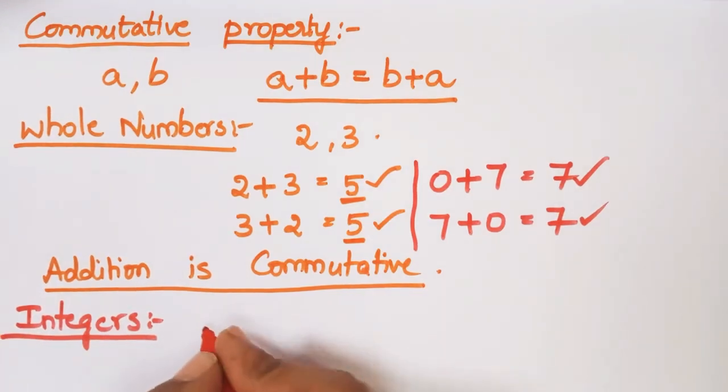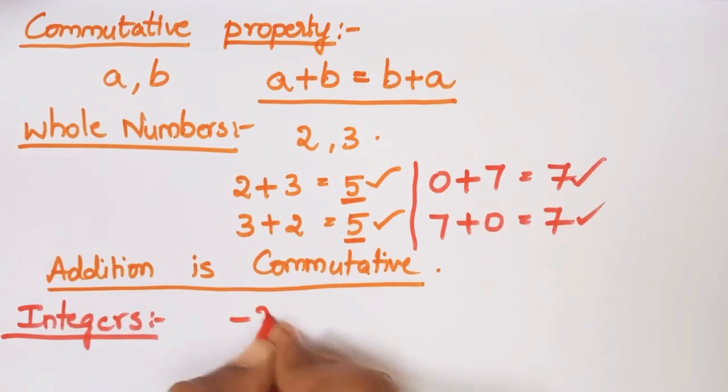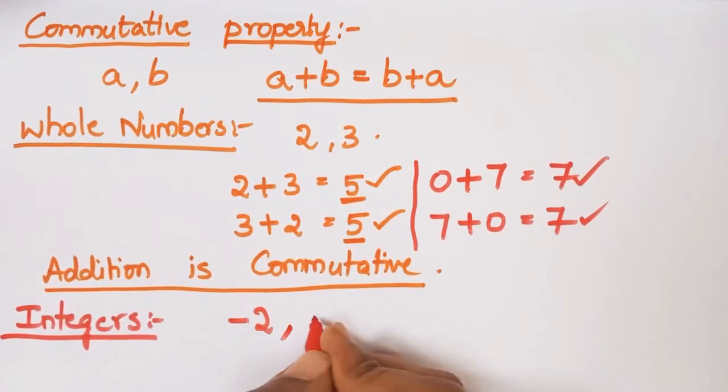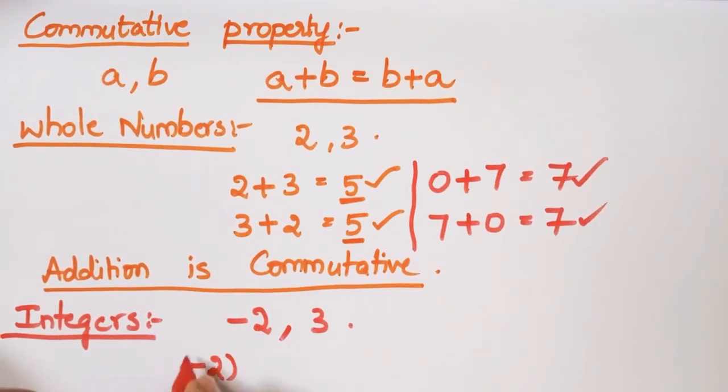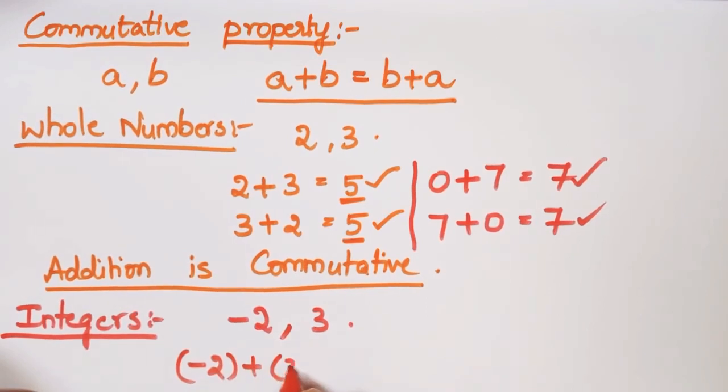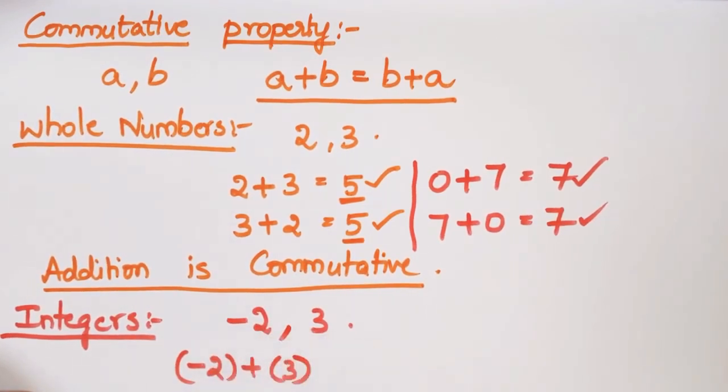Let me take two integers, like I want to take -2 and 3. Am I okay? Okay. So -2 and 3. Two integers I have taken. So firstly I will do A plus B. These two are my A and B here.